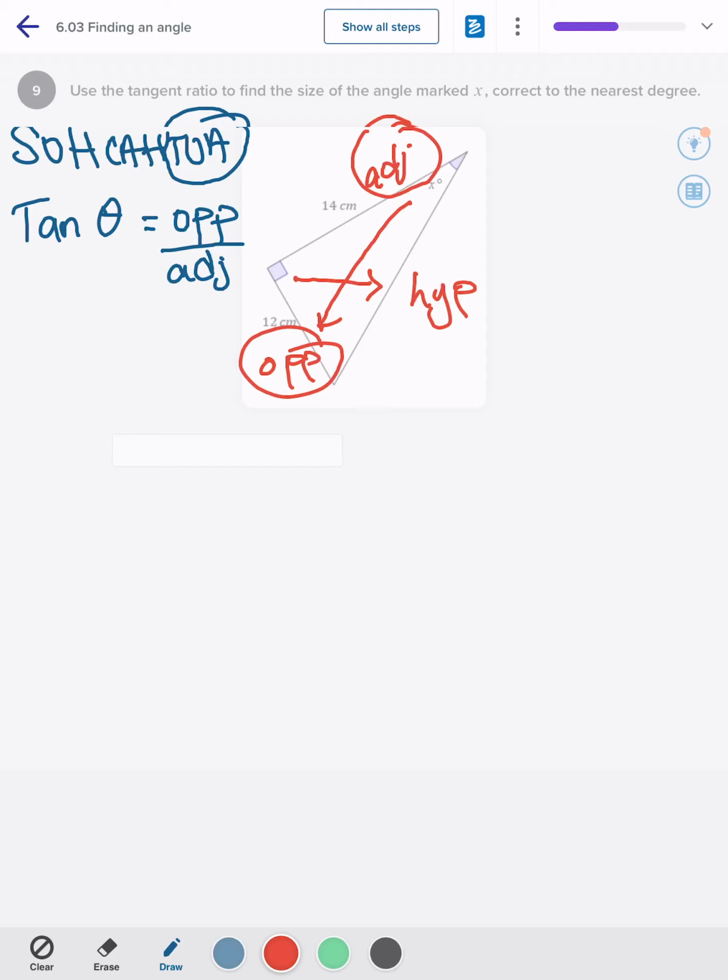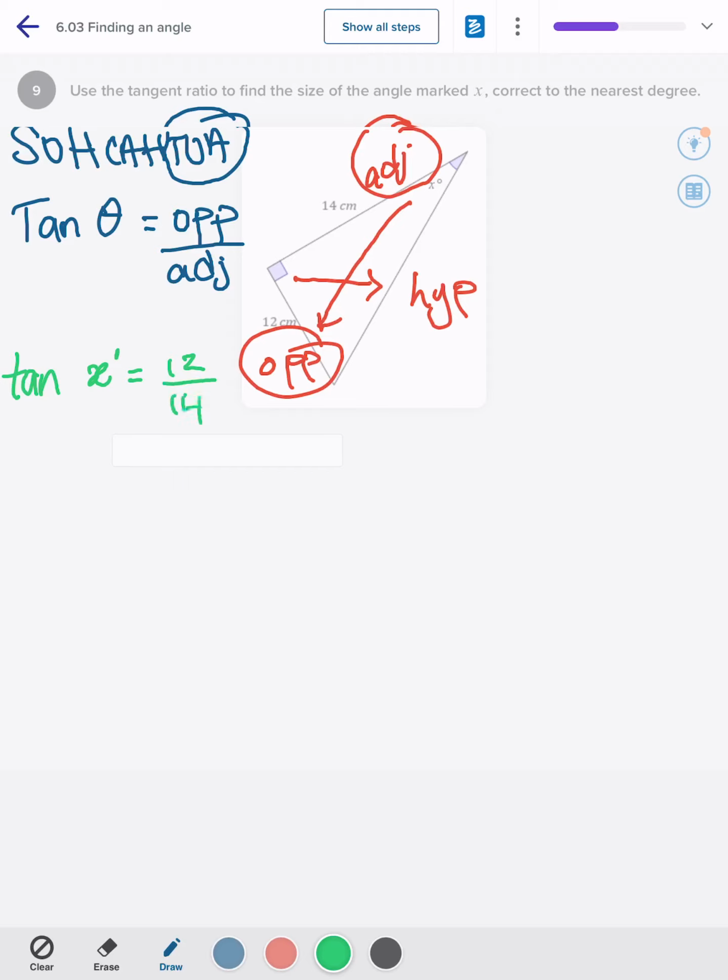Now let's substitute all this given information into our equation. So tan theta, which is X, equals the opposite side, 12 centimeters, divided by the adjacent side, which is 14.